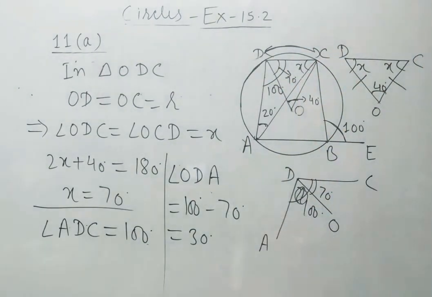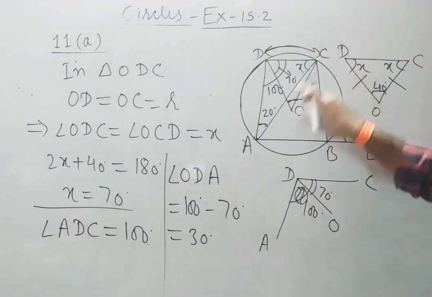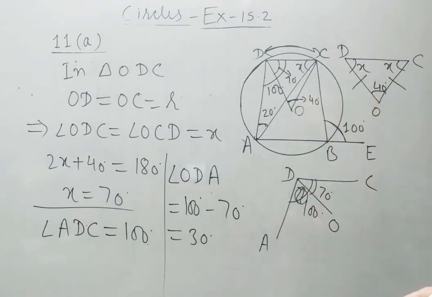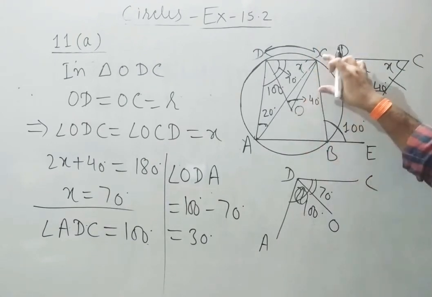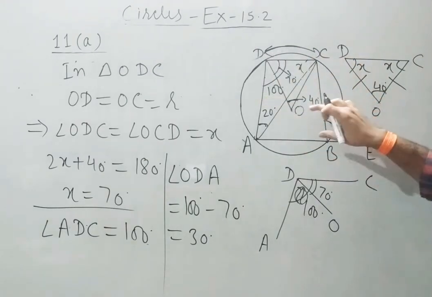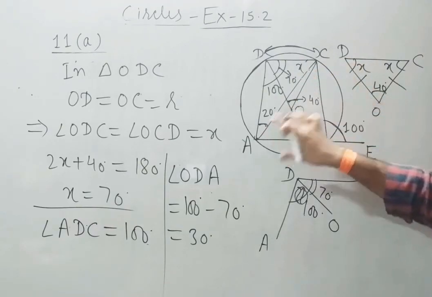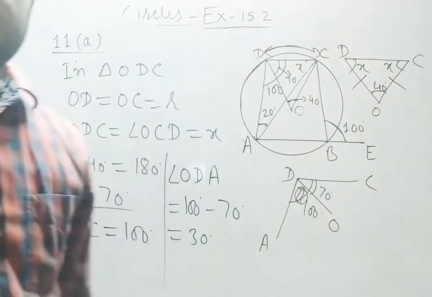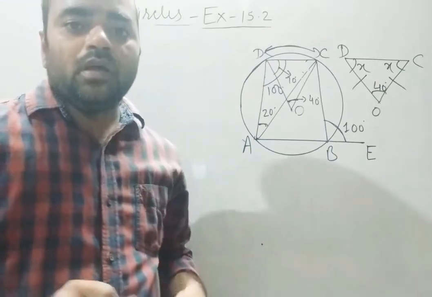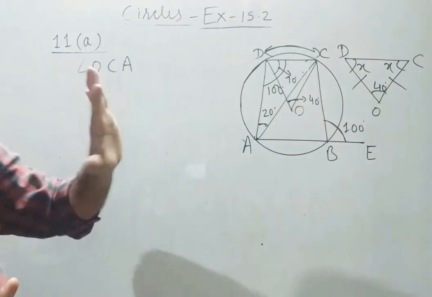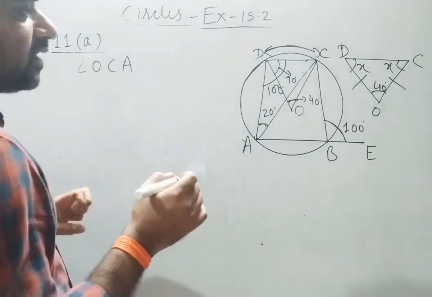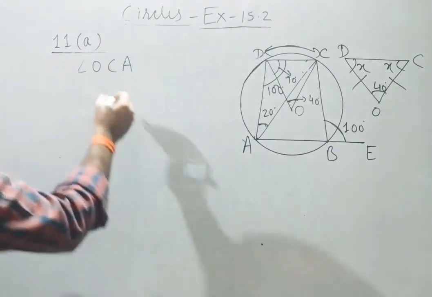Next one is OCA. We have to find OCA. How to find OCA? We have calculated OCD and now we have to find OCA. For OCA, first you will take the triangle ADC.